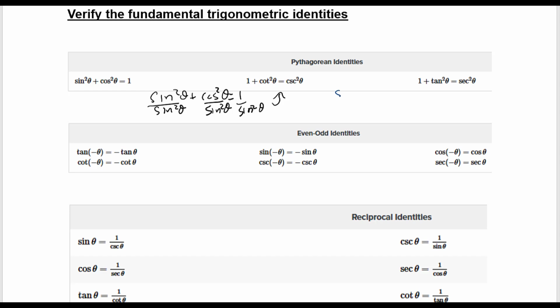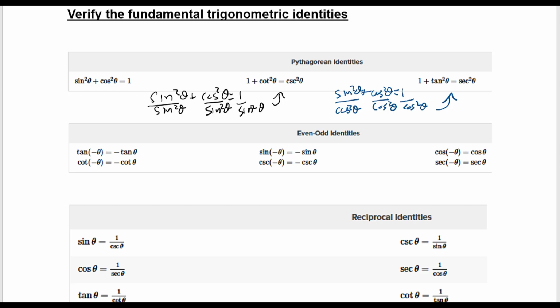And if you divide everything by cosine squared theta, you get 1 plus tangent squared theta equals secant squared theta. Okay, so those are some really helpful identities that relate these different trigonometric functions.